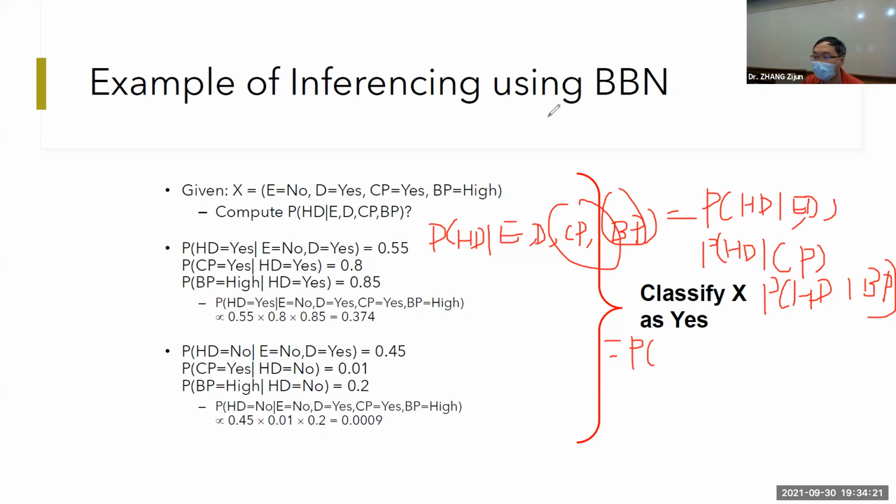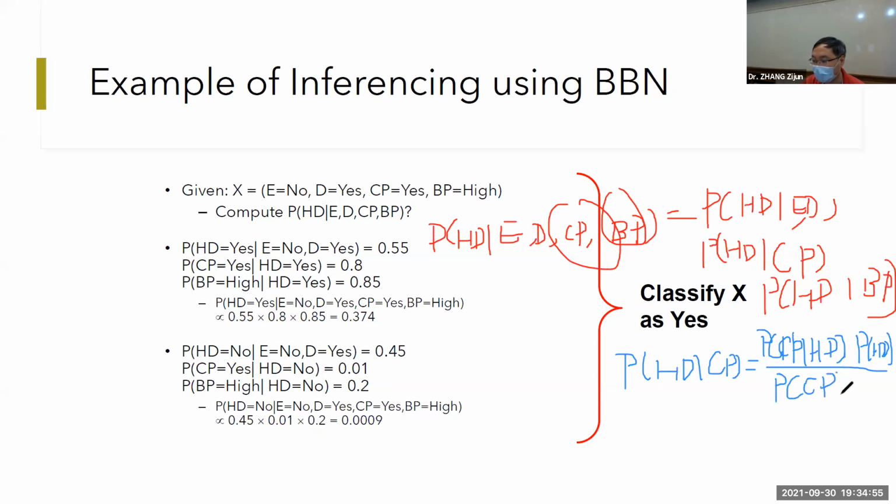Then what is P(HD | CP)? According to the Bayes theorem, it is equal to P(CP | HD) multiplied by P(HD), divided by P(CP).